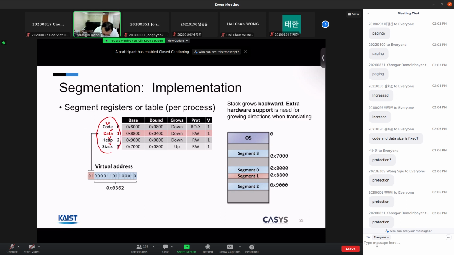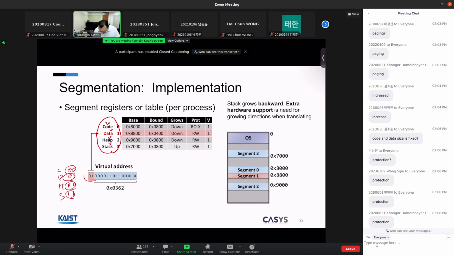In this case, 00 is used for code, 01 is data, 10 is heap, 11 is stack.